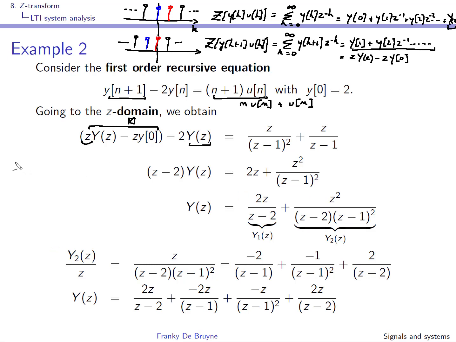Remember that if the z transform of alpha^k u[k] is z over z minus alpha, it is possible to obtain the z transform of k alpha^k u[k], and this will be minus z times the derivative of this one. Derivative, of course, with respect to z, and if you make the computation, it will be alpha z over (z minus alpha) squared.